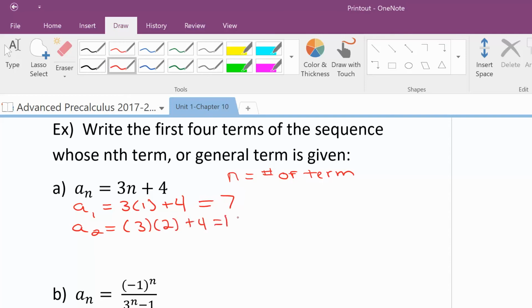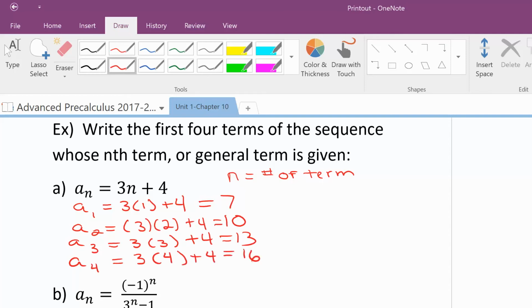So you get 10. You do the same thing with 3, and then 4. And there are your terms, 7, 10, 13, and 16.